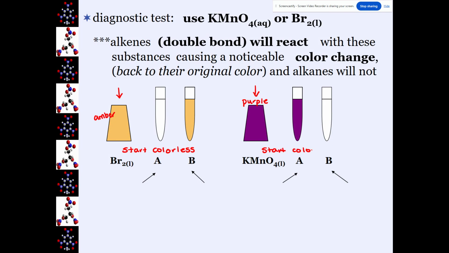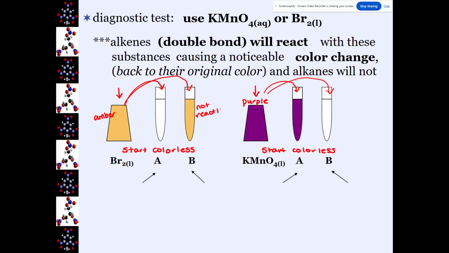Okay? When I add the indicator into the 2 test tubes, and then you let it sit for a couple of minutes, if it remains the color of the indicator, that means it is not reacting with the indicator.